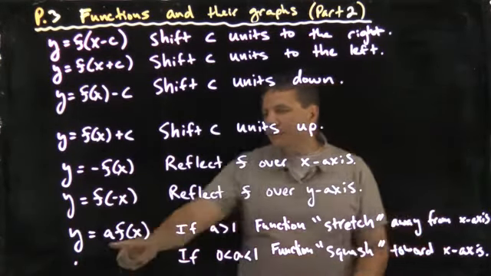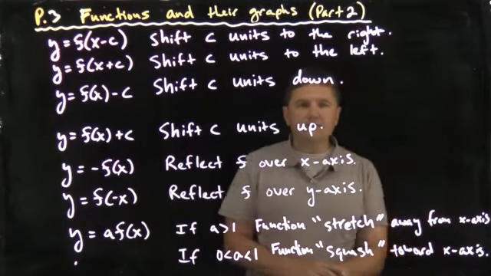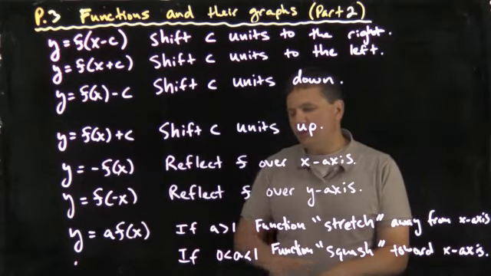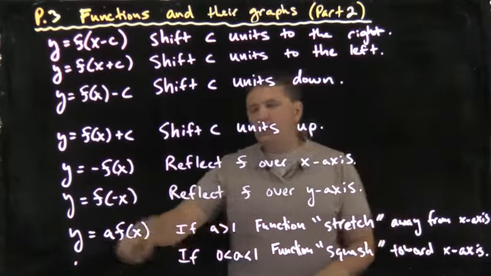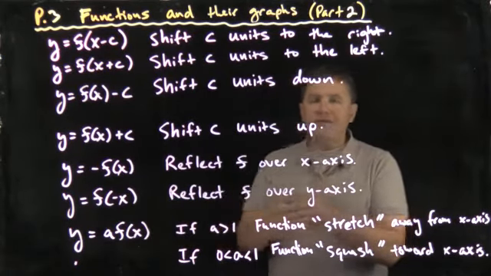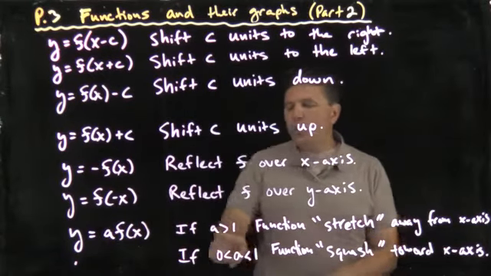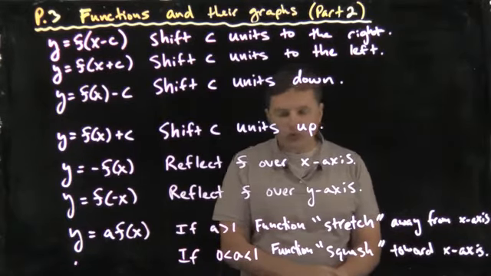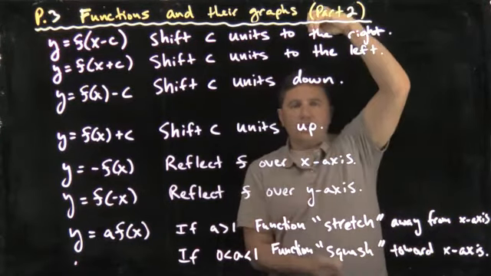And finally, if you have some value a in front of f, it depends what that value is, whether it's greater than 1 or between 0 and 1. Essentially what it's going to do is take all those outputs, those y values, and multiply by whatever a is. So if a is greater than 1, and this is sometimes referred to as a dilation, you get a sort of stretching effect.